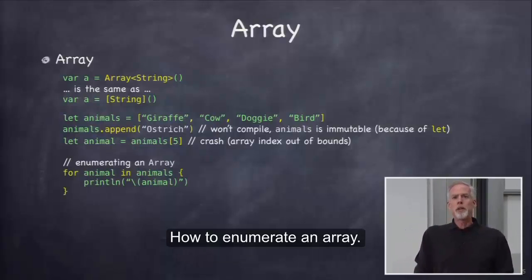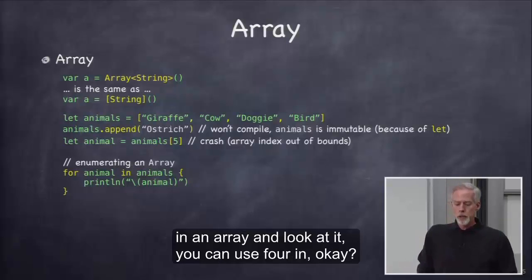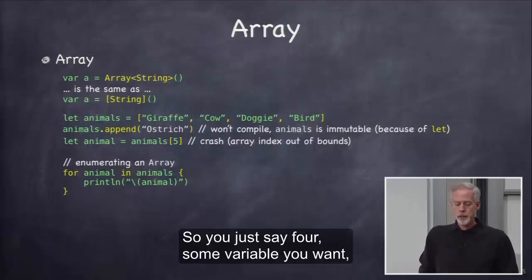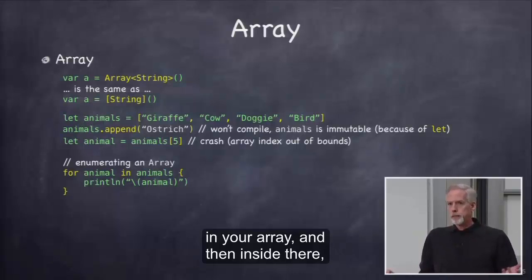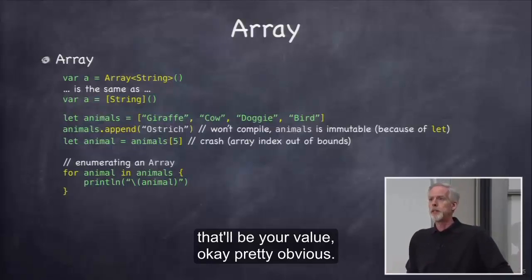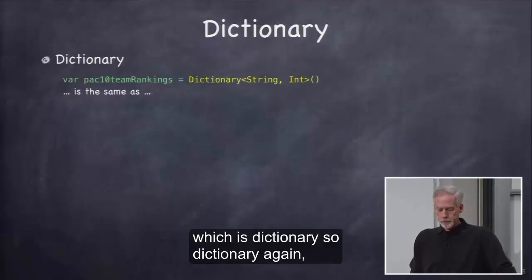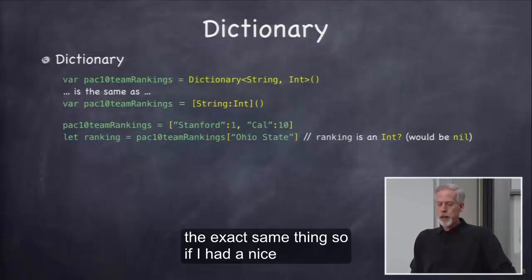How to enumerate an array. If you wanted to go through every single item in an array and look at it, you can use for in. Okay, so you just say for some variable you want in your array, and then inside there, that'll be your value. Okay, pretty obvious. I put this here mostly to compare it to the next slide, which is dictionary. So dictionary, again, that square bracket thing is an alternate for the exact same thing.